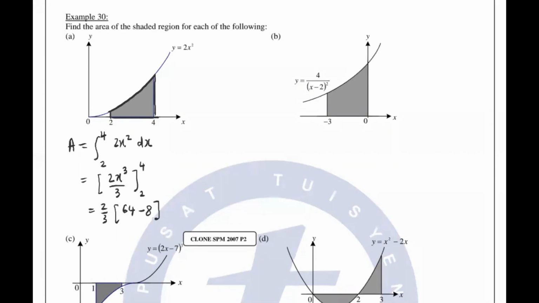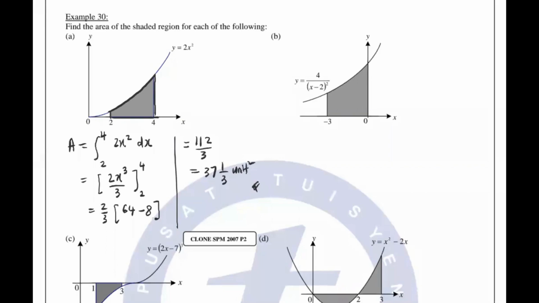So 64 minus 8 is 56, right? 56 times 2, 112. You divide by 3. 37 and 1 over 3. Now, it's just square units.